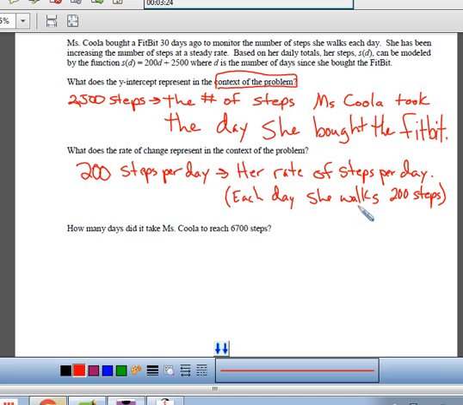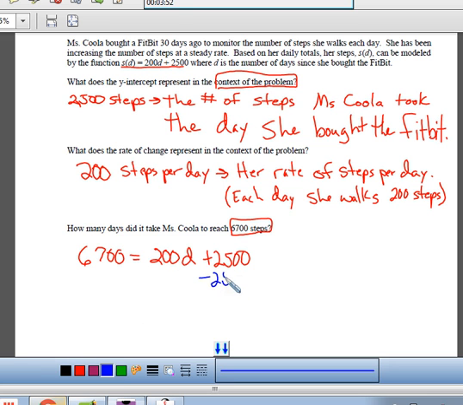Okay. Now, how many days did it take Miss Kula to reach 6,700 steps? So we got to plug this number into our function. I'm going to plug it in for S of D. So it's 6,700 equals 200D plus 2,500. So simple solving here.